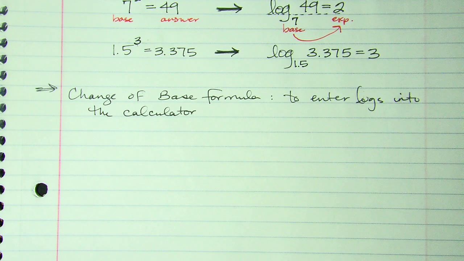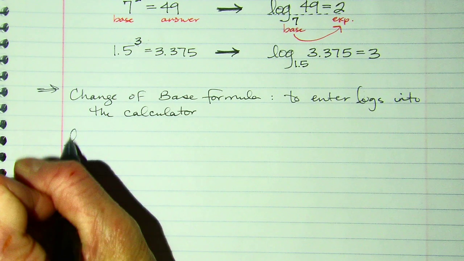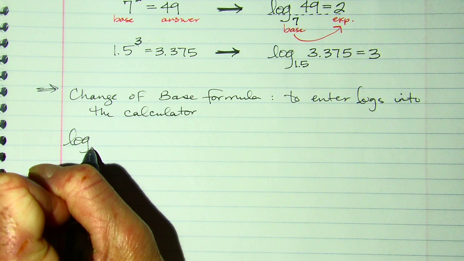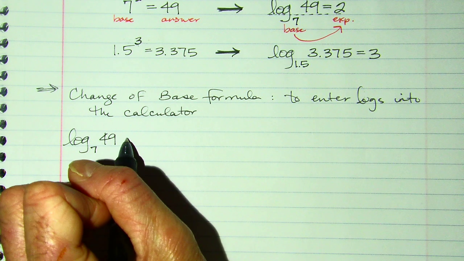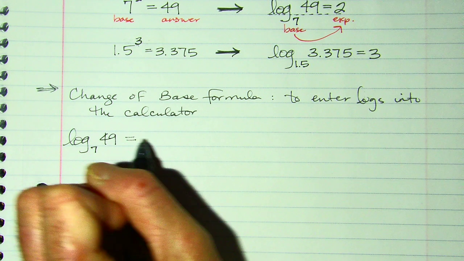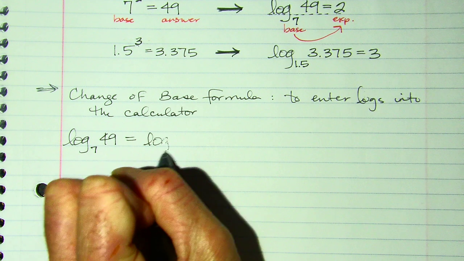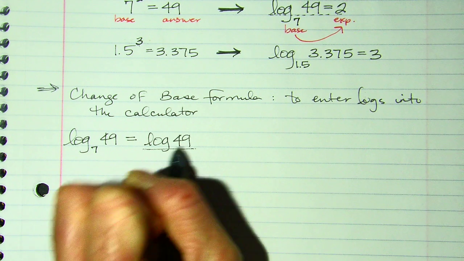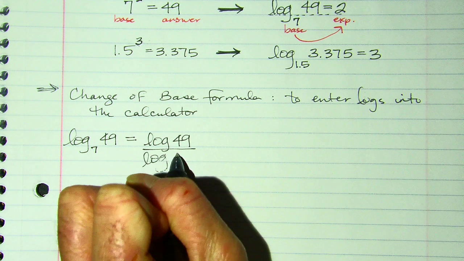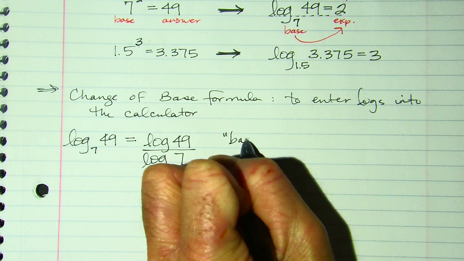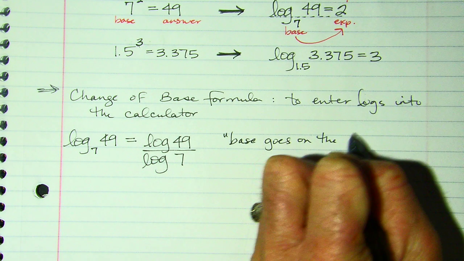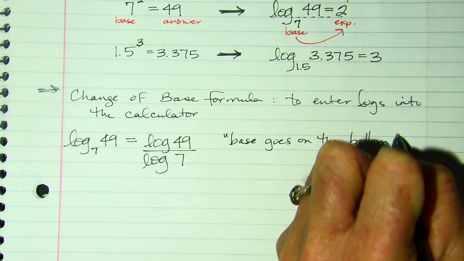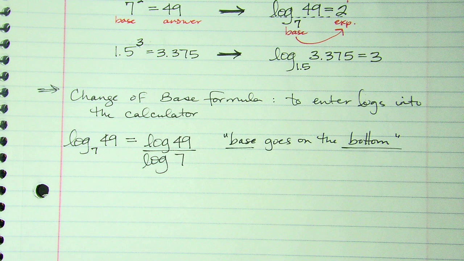All right, so if I told you to find log base 7 of 49, the way you would enter this in your calculator is you would hit log 49 divided by the log of 7. The base goes on the bottom. Base, bottom. They start with the B.